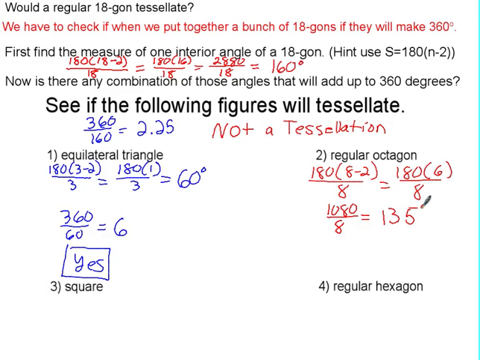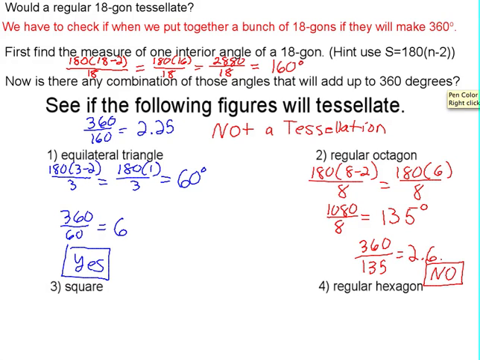There's 135 degrees in one angle, and then we need to see if that goes into 360 an even amount of times. Okay, so it does not go in nicely, so that's not going to tessellate. Go ahead and try the next two on your own, and then play the video when you're ready to see the answers.